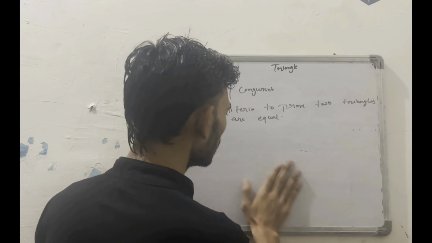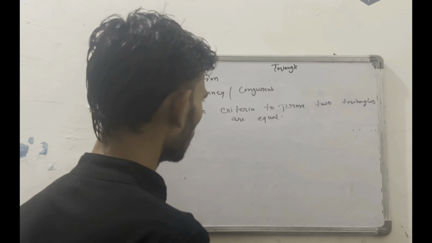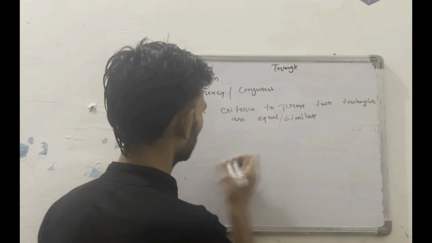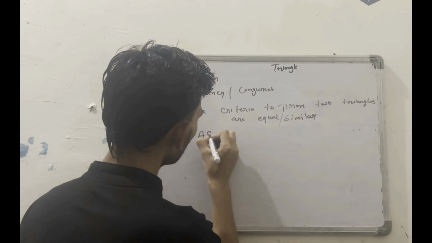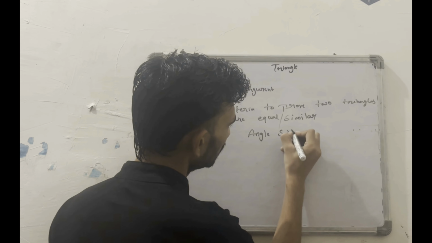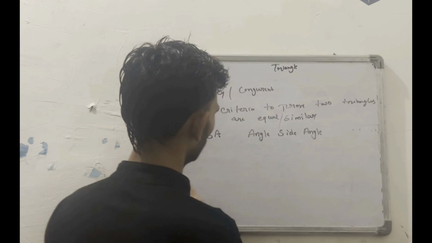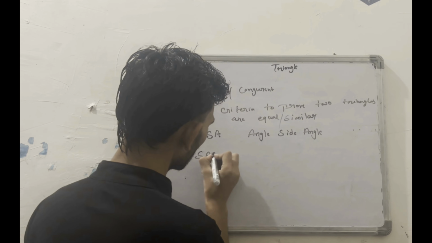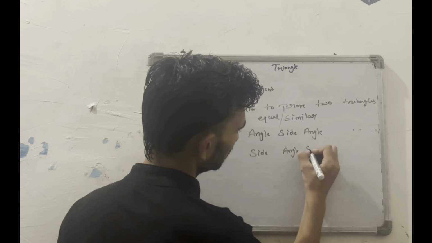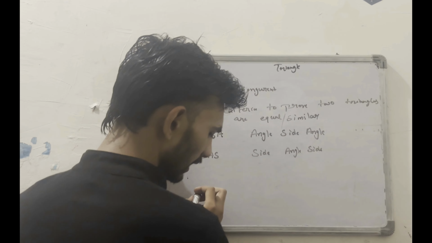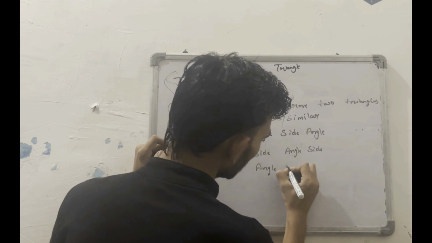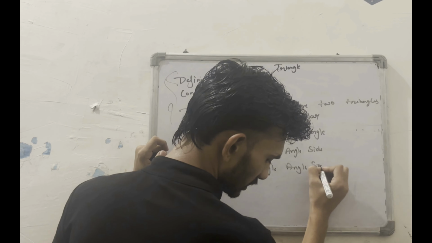So the basic criteria to prove triangles are equal or similar. The first thing is your ASA, that stands for angle, side, angle. Then after your SAS, side, angle, side. Okay, then after your AAS, angle, angle, side.